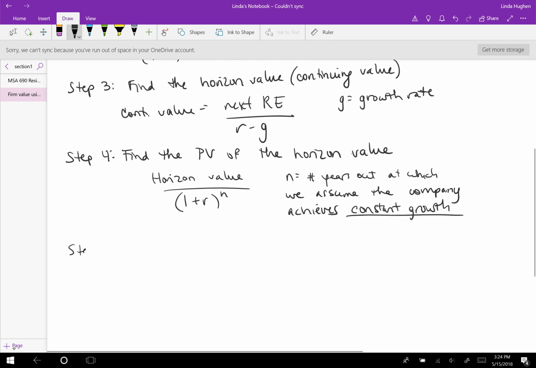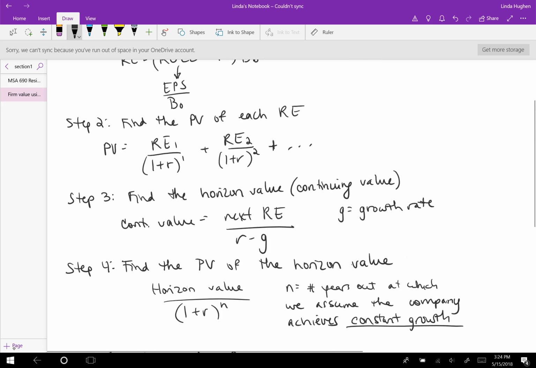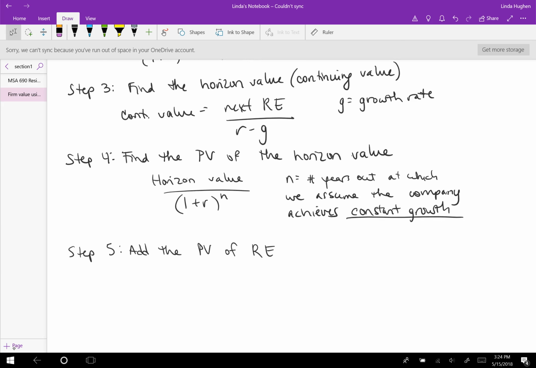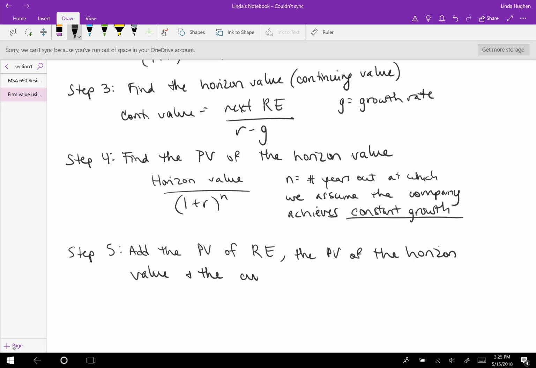And now you should know exactly what step 5 is going to be. Add the present value of the residual earnings that we found in step 2, the present value of the horizon value that we found in step 4, and one more factor that I want to make really clear that we cannot forget to include, the current book value.